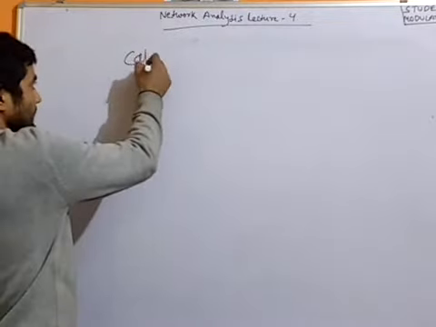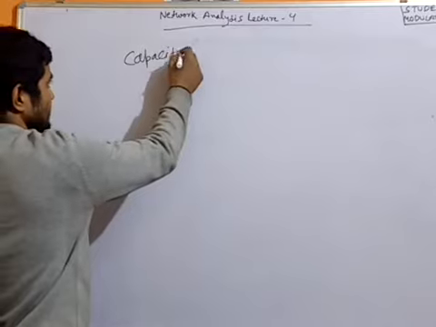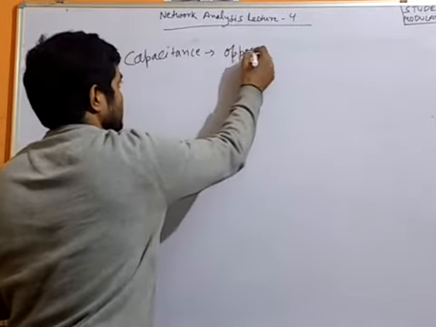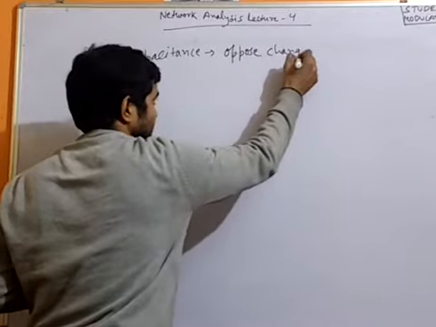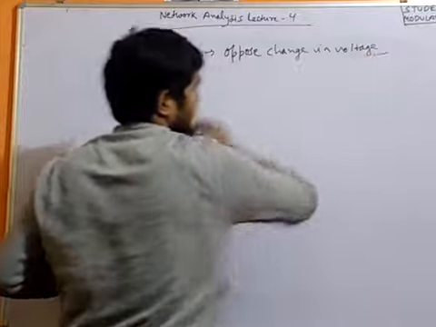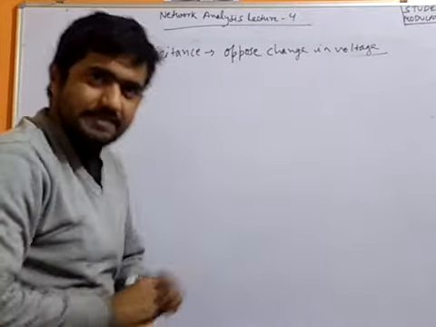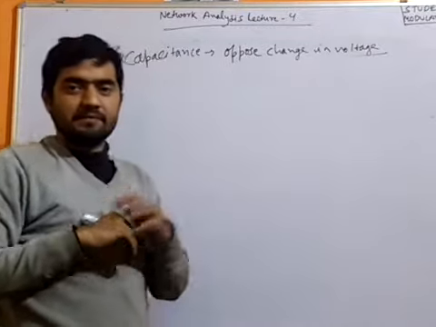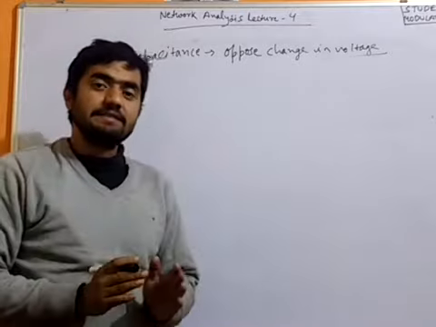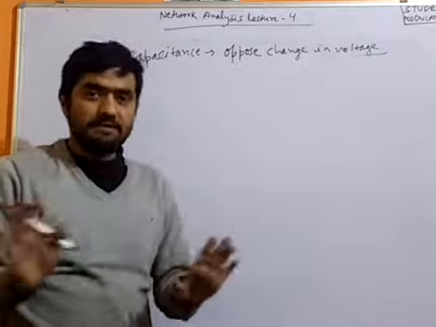So the property of capacitance is to oppose change in voltage. Again, about resistance: the resistance opposes the flow of current.